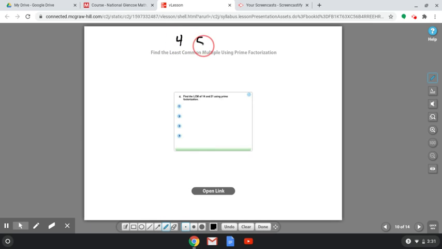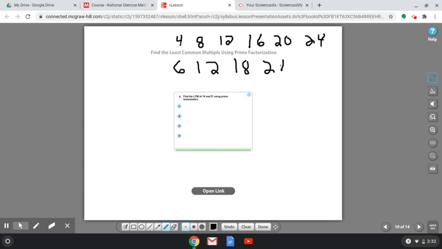4, 8, 12, 16, 20, 24. And we could go on and on if we need to, but let's just list the first few multiples of 6. 6, 12, 18, 24, 30.